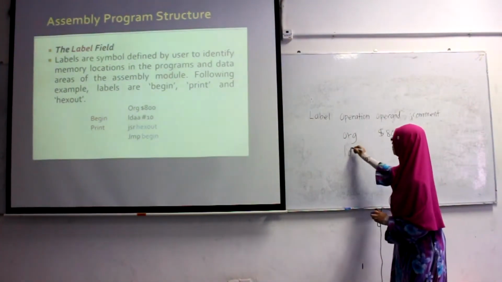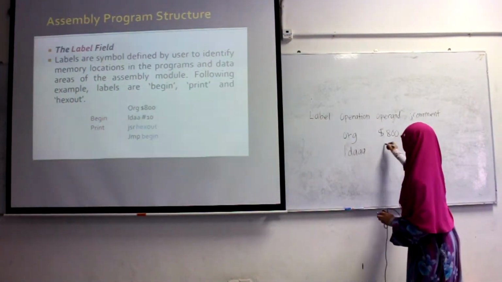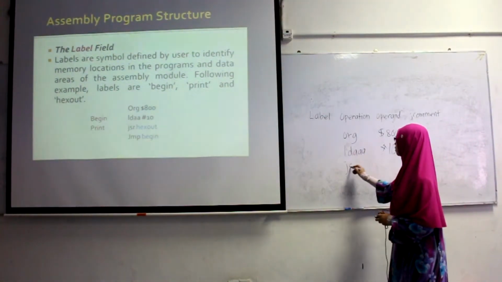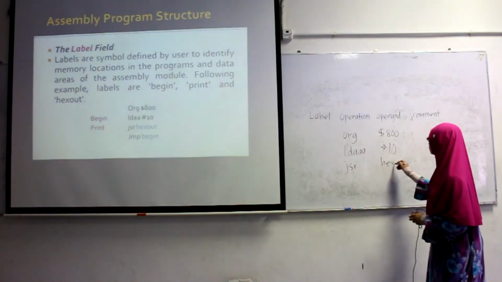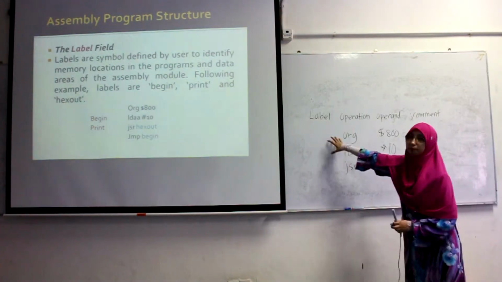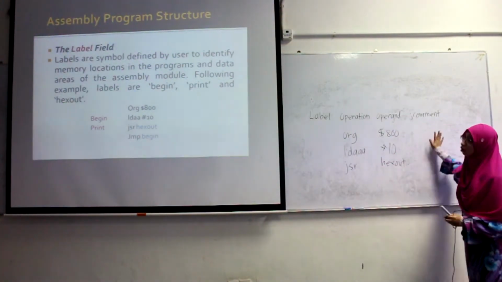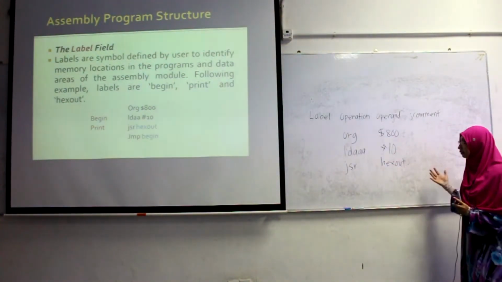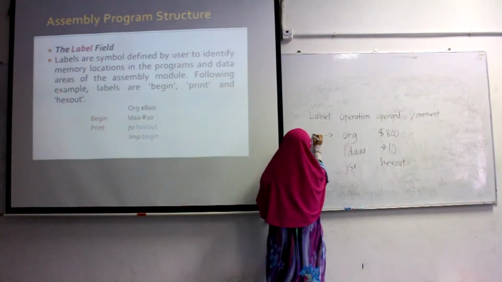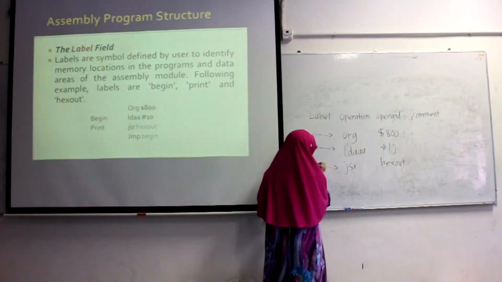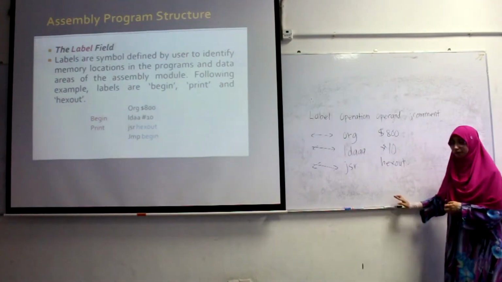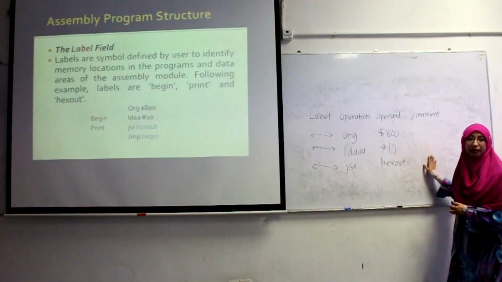You just start with LDAA #$10, and then the next instruction JSR hex out. You don't put the label or the comment, which are optional, but you have to put the space. If you don't want to write a comment, you don't put anything.